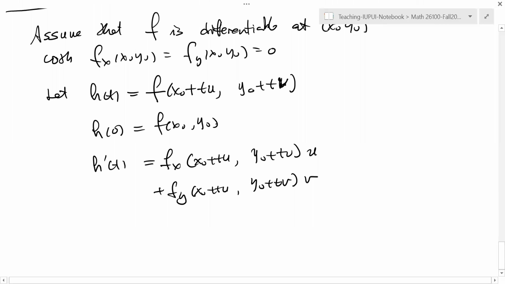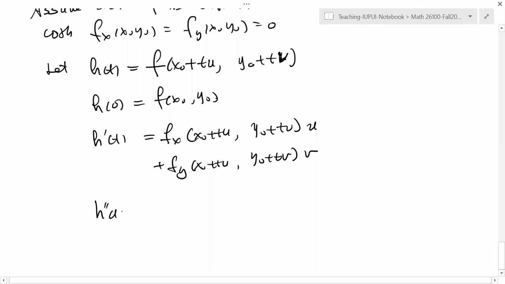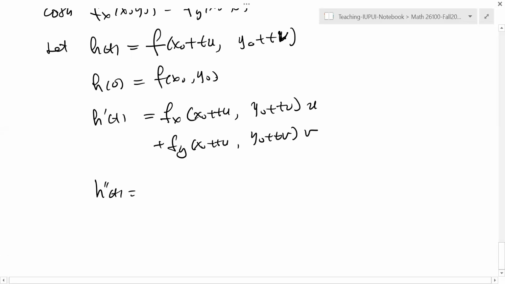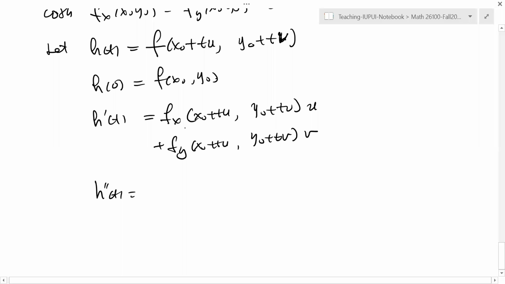I also want to find the second derivative. It's more complicated. I should get a total of 4 terms. What I get here is f, when I differentiate the top one, I get u squared.